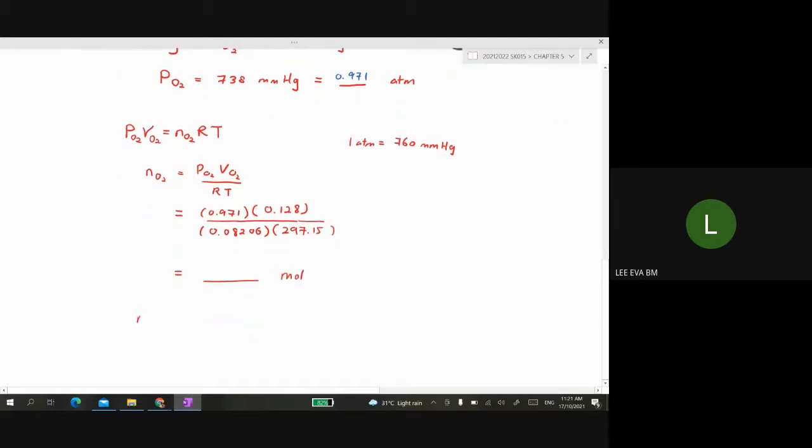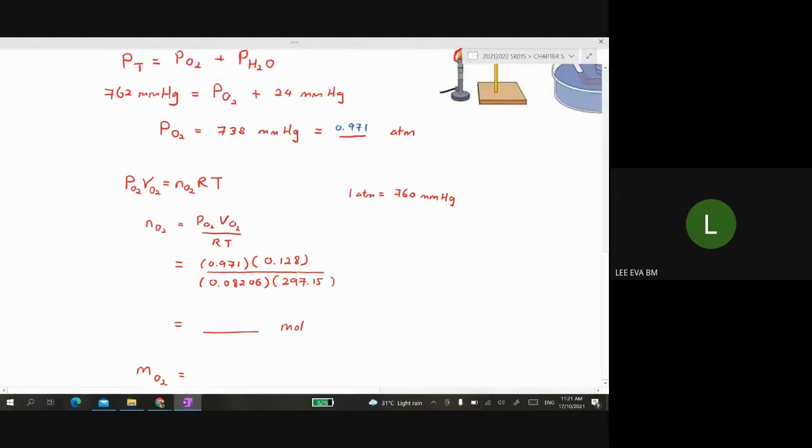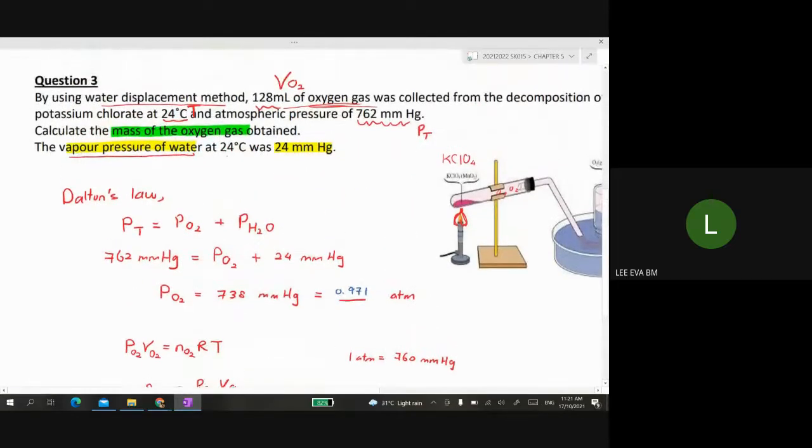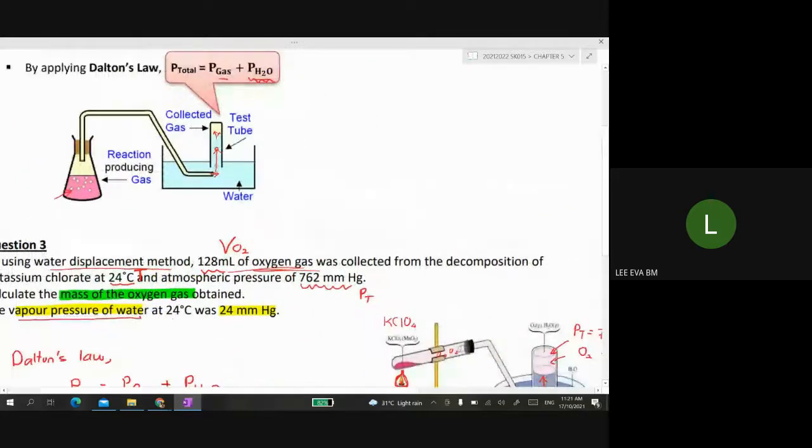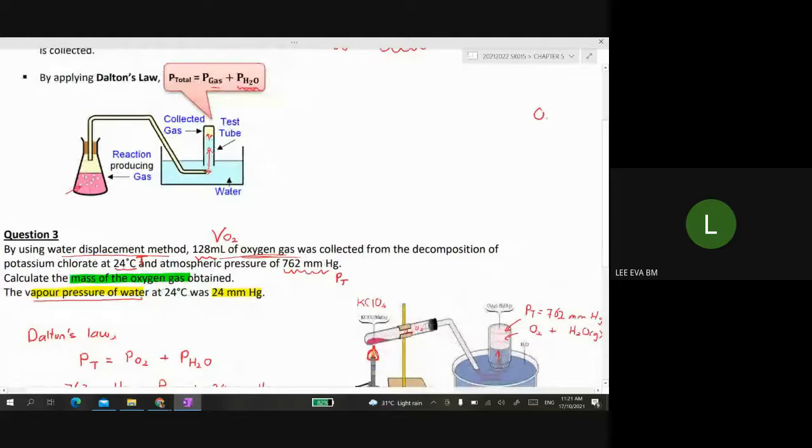Finally, find the mass of your oxygen gas. Maybe some of you will ask, Madam, why not O? Why O2? Remember what Madam told you before: if the question says oxygen gas, it refers to O2. If the question says hydrogen gas, it refers to H2. Nitrogen gas, we have N2. Then we have F2, Cl2, Br2, I2.